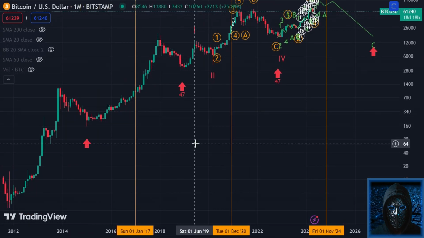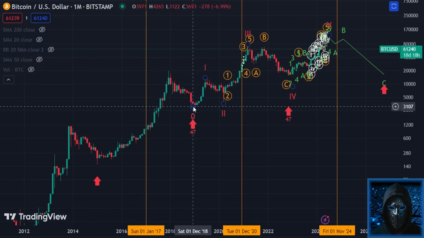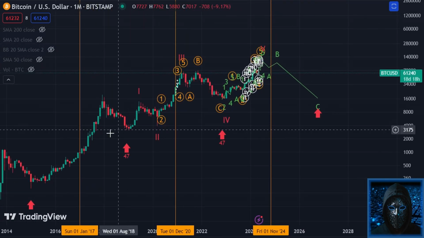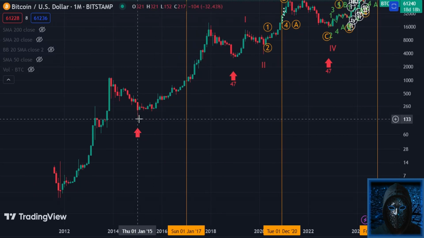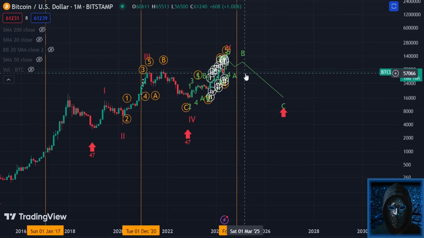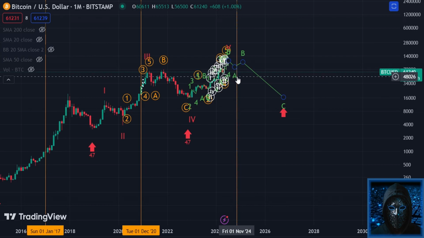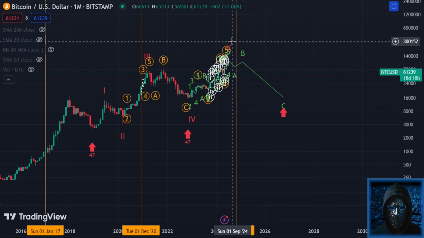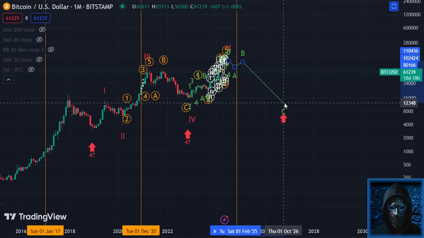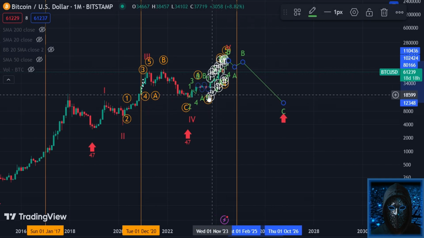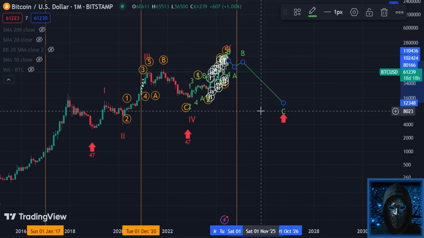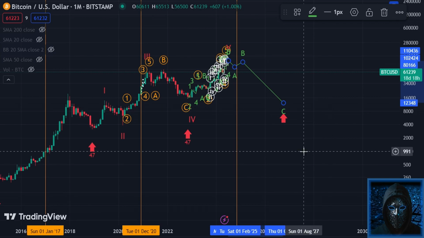What this means in cycle theory is that we put in a higher low compared to the previous cycle low. And as you can see, so far we have done that. Now this time around, if we top out before November, we get a left translated cycle, which could put us into a lower low compared to the previous low. Just wanna make that clear.